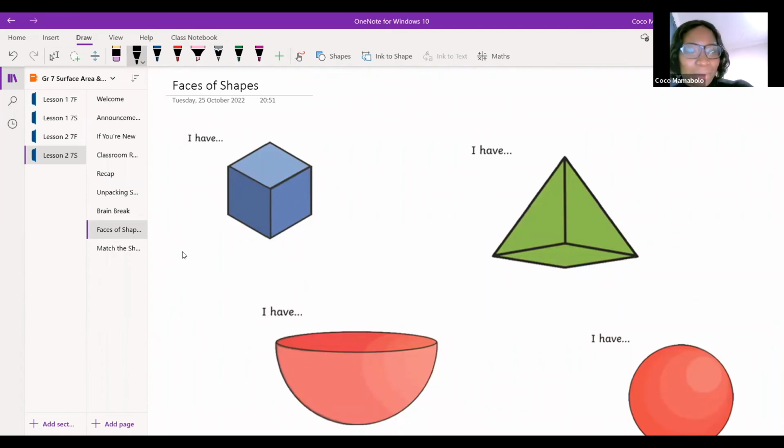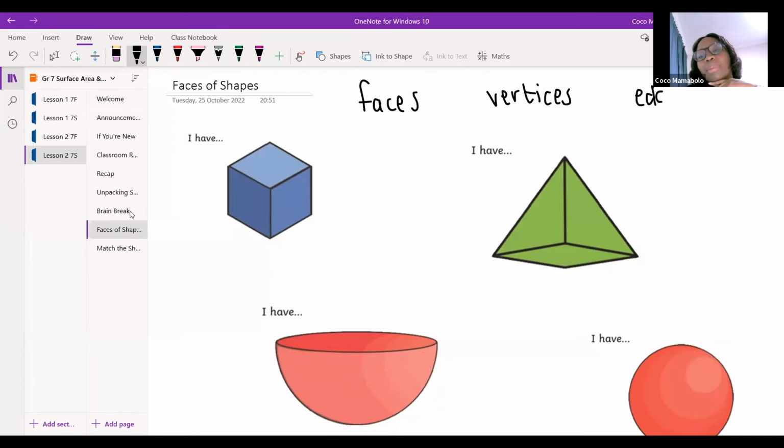We're going to be looking at the amount of faces that shapes have. We're also going to be looking at the vertices of the shape, and the edges of my shape.